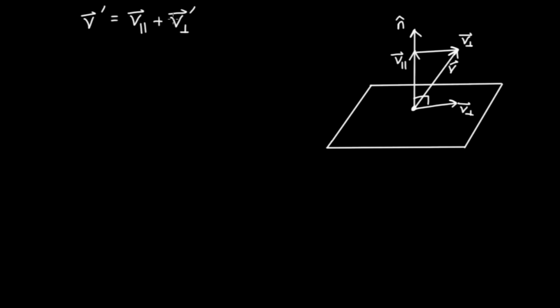So now the question of what the rotated version of v perp, v perp prime, is, well, that's just what we took care of in the last video. And to write that out, we're going to use the formula that we derived. So I have v parallel plus, and the formula just says cosine theta times v perp plus sine theta times the cross product between n and v perp.